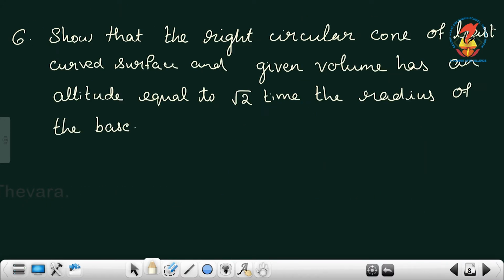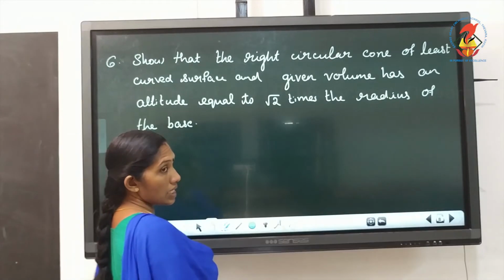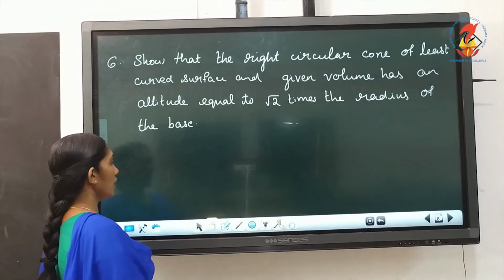Next one. Show that the right circular cone of least curved surface and given volume has an altitude equal to √2 times the radius of the base. Okay. So a cone of least curved surface. What is the curved surface area of the cone?